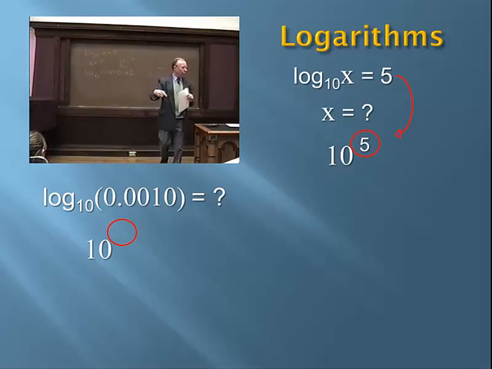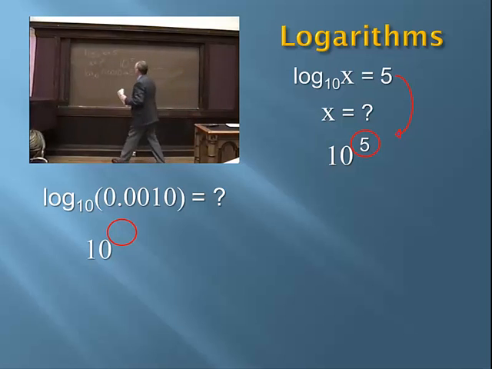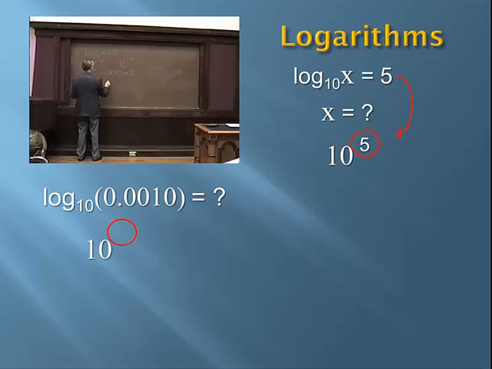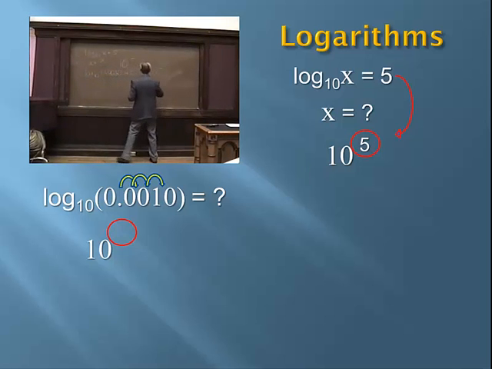What would that be? Well, it'd be minus 3, right? I've moved over 3 decimal places to get a good scientific notation number. So 0.001 is 10 to the minus 3.